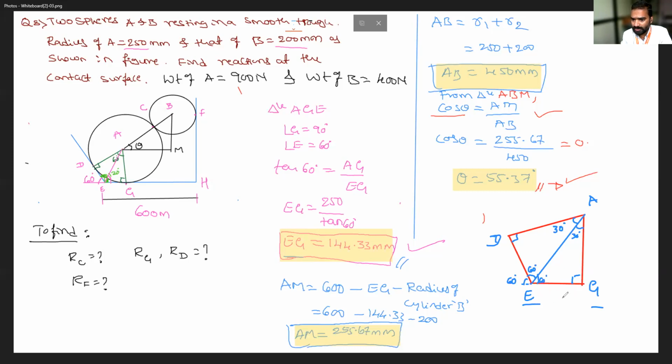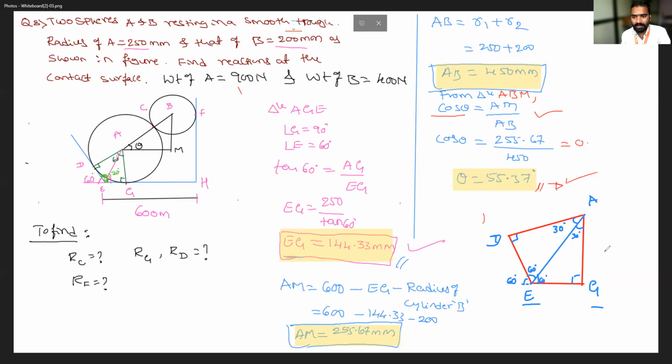So to find EG, what do I need to apply? Either EG or AG. AG is known. What is AG? AG is the radius of the cylinder.